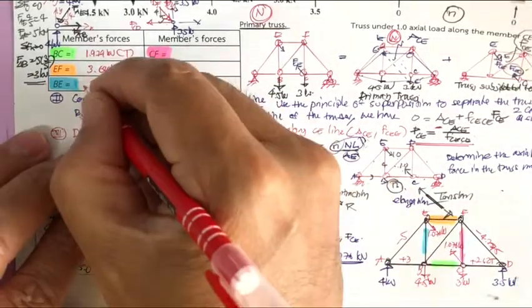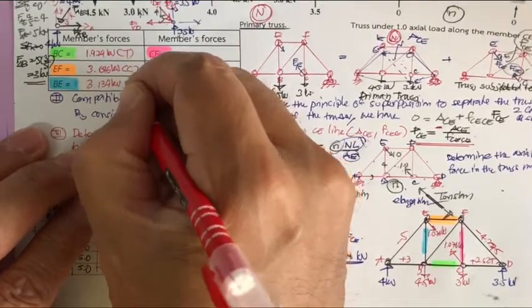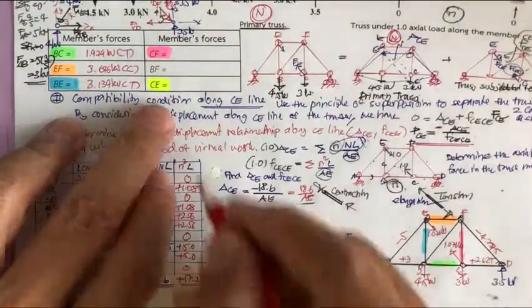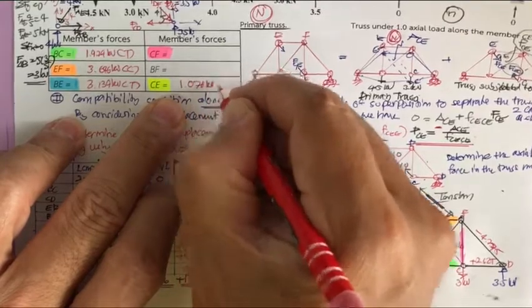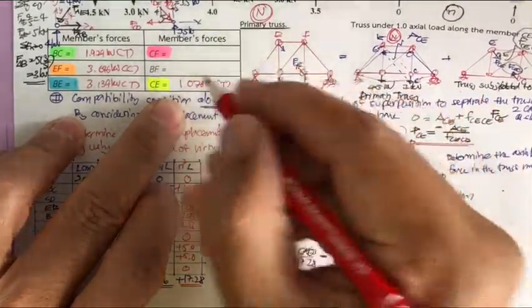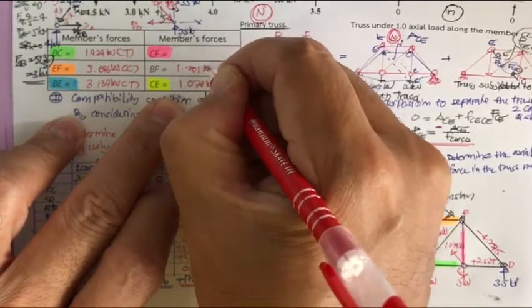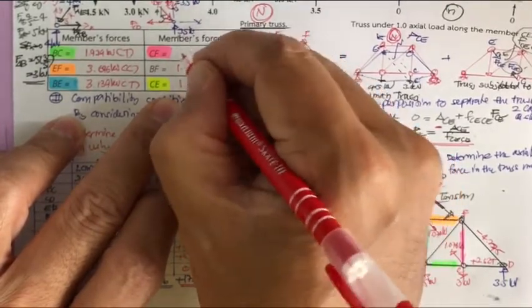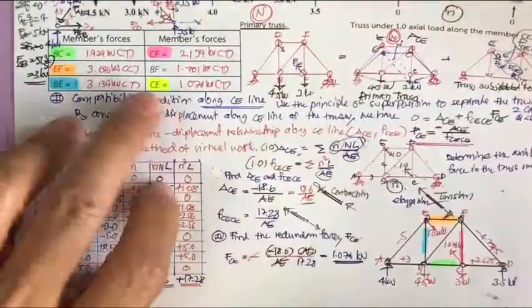And then this one is going to be 3.139 kilonewton, also in tension. This one we also have for 1.076 kilonewton in tension. And this one is 1.701 kilonewton in tension. And the last one is 2.139 kilonewton in tension.